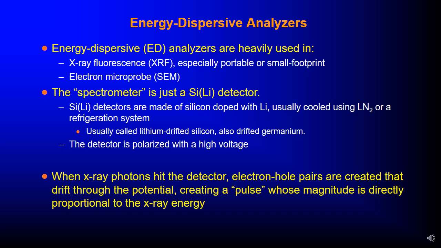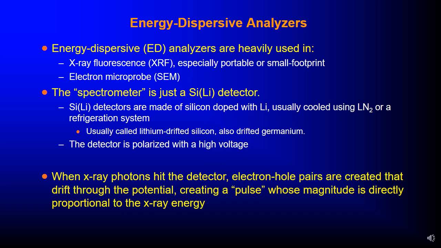So silicon-lithium detectors are made of silicon and doped with lithium, using cool liquid nitrogen or a refrigeration system, usually called lithium-drifted silicon and drifted germanium.